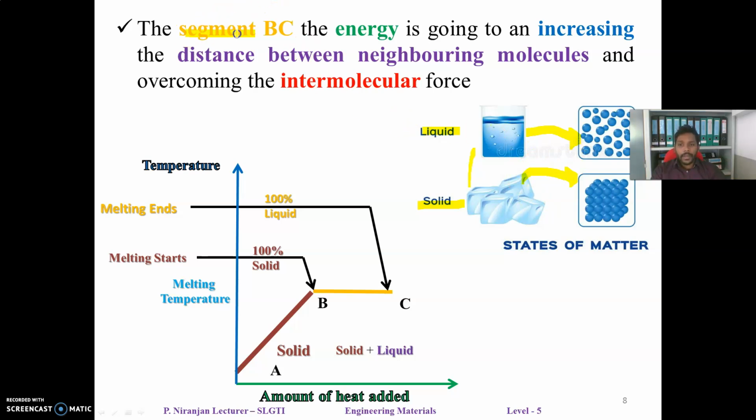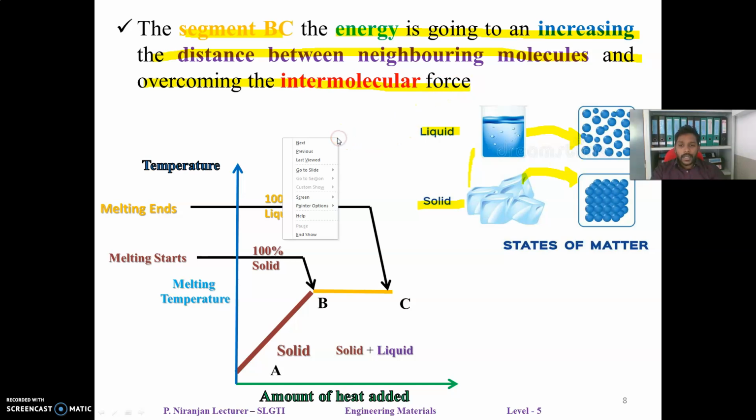Therefore, in segment BC, the energy is used for increasing the distance between neighboring molecules and overcoming the intermolecular force. This energy is used for increasing the bond length.